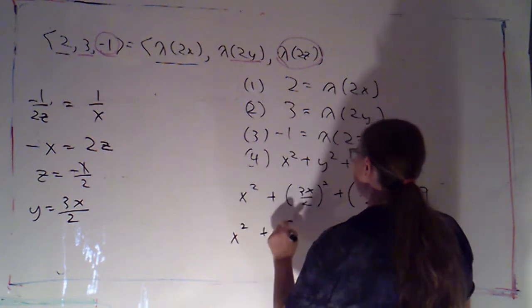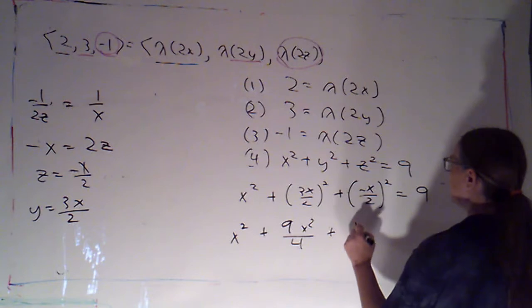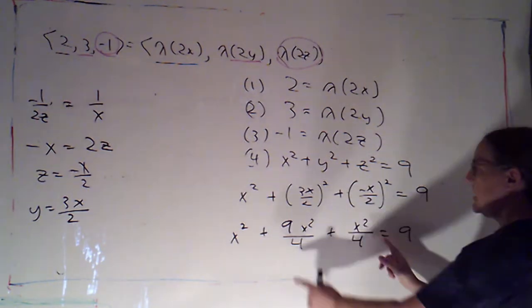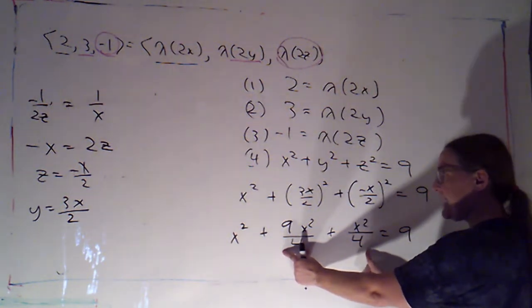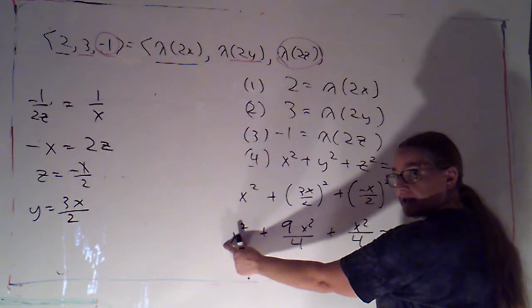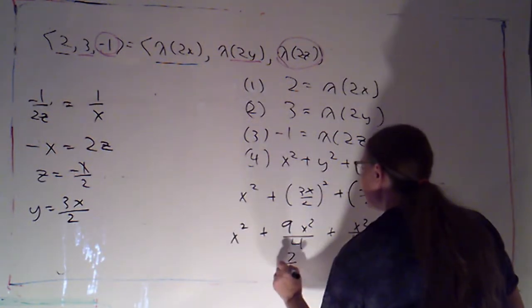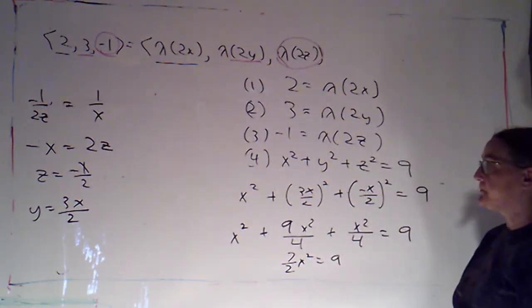So x squared plus 9x squared over 4 plus x squared over 4 is equal to 9. That's 10 fourths, or 5 halves, x squared plus another 2 halves of an x squared. So that's 7 halves x squared is equal to 9.